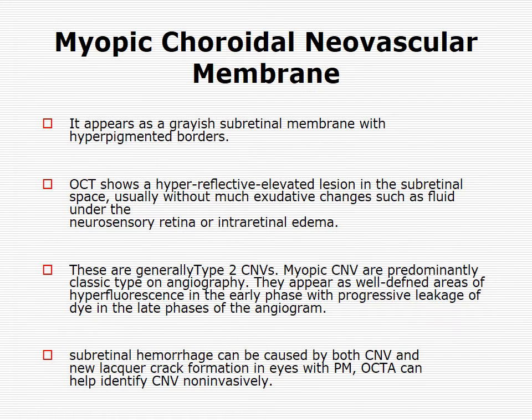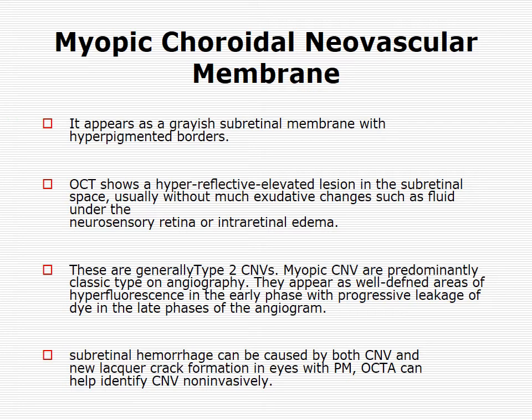Myopic choroidal neovascular membrane appears as a grayish subretinal membrane with hyperpigmented borders. The OCT shows a hyperreflective elevated lesion in the subretinal space, usually without much exudative changes such as fluid under the neurosensory retina or intraretinal edema.